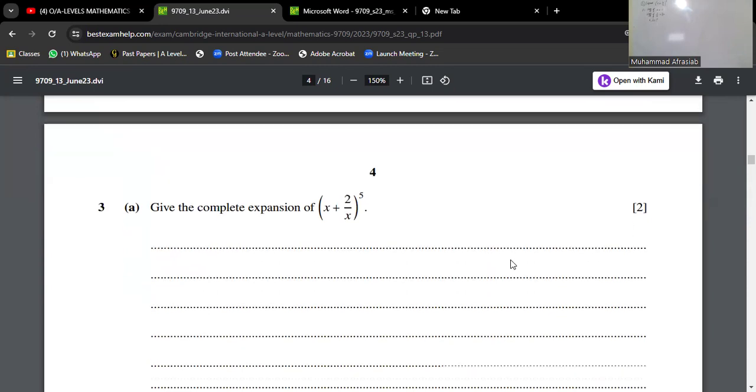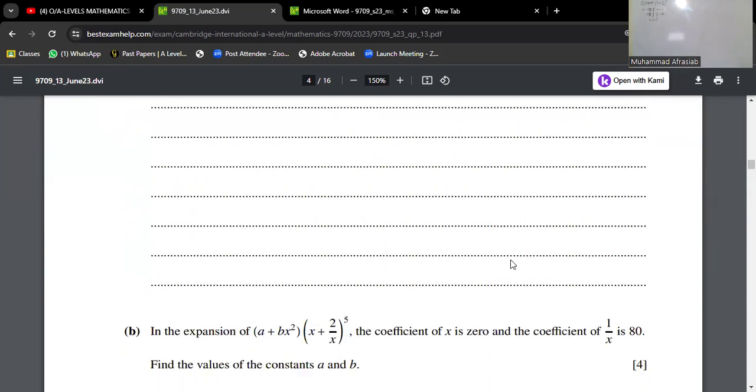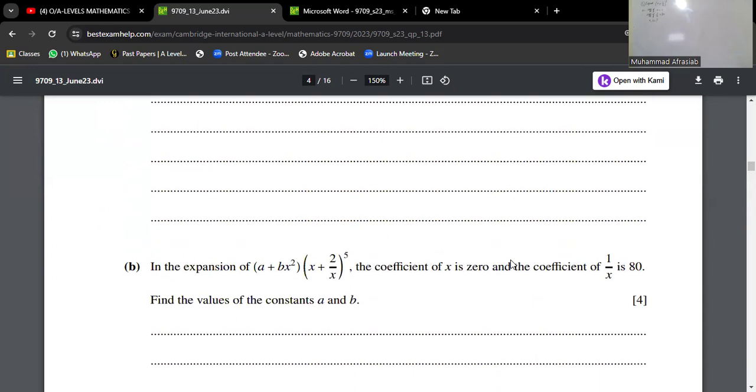This is the first part. And the second part is in the expansion of a plus bx square into x plus 2 over x, power 5, the coefficient of x is 0 and the coefficient of 1 over x is 180. Find the values of the constants a and b.